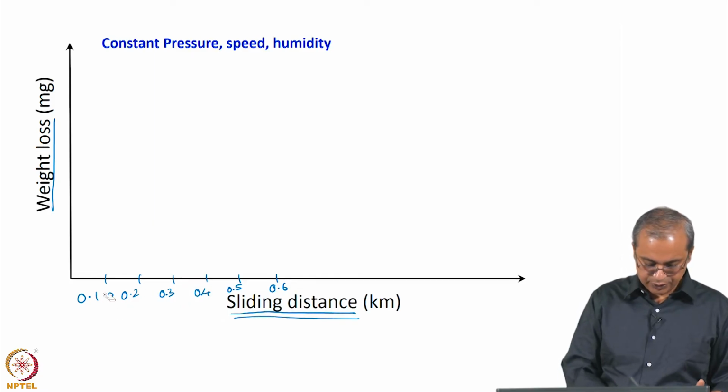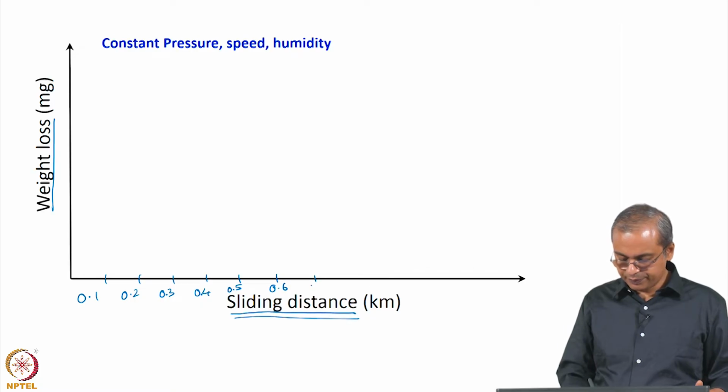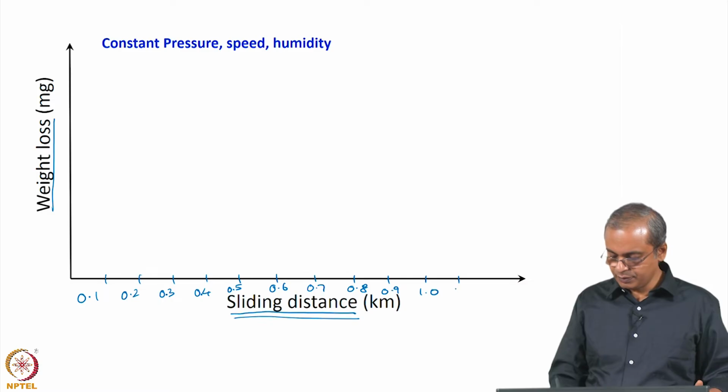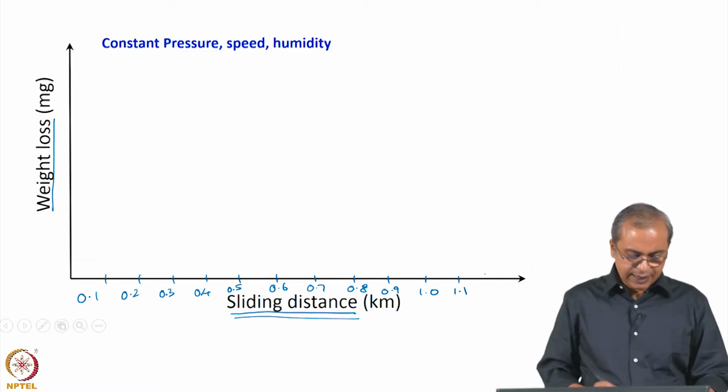That is easier for you to see, and then we will just put it up to 1. So, we have 1 kilometer. So, this is the distance that has travelled.